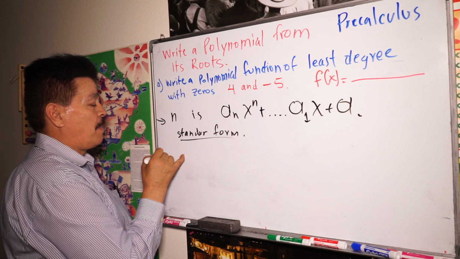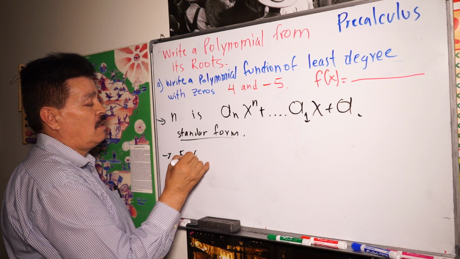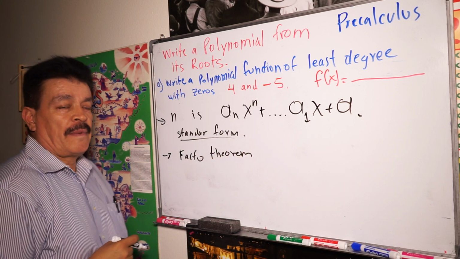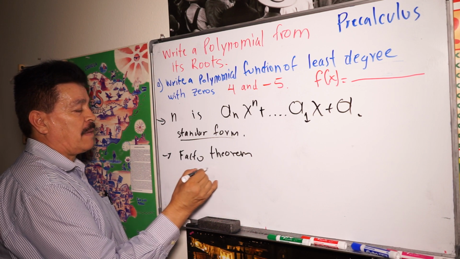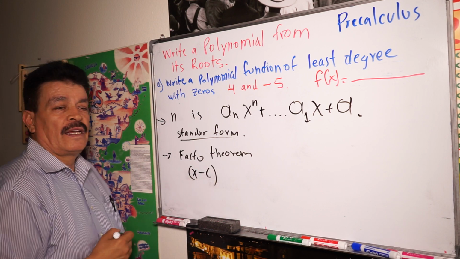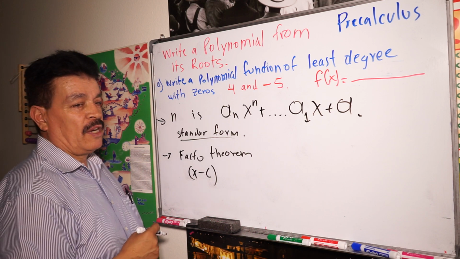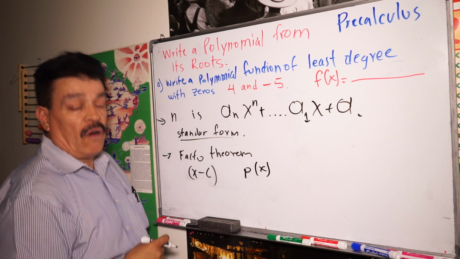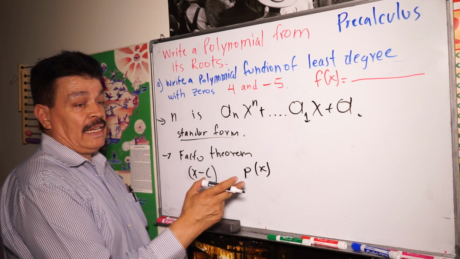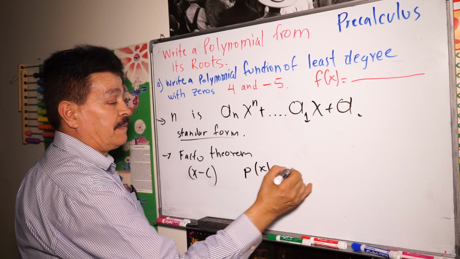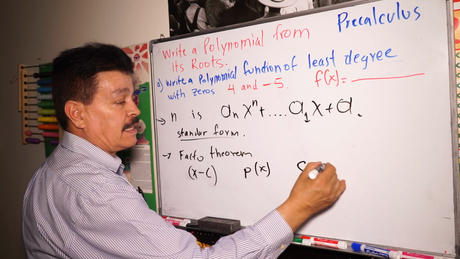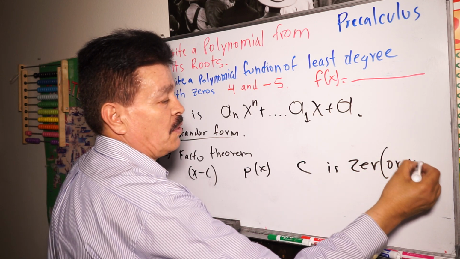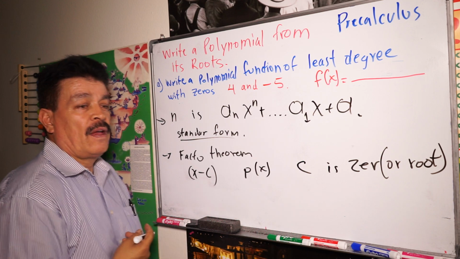the factor theorem. What is this? The binomial x minus c is a linear factor of the polynomial p(x) if c is a zero or root of p(x).